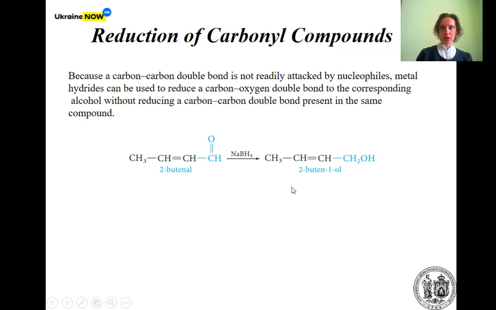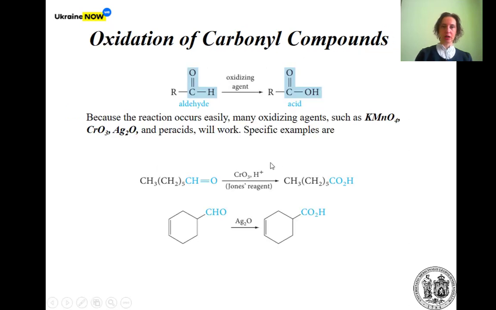Now about oxidation of carbonyl compounds. By oxidation of aldehydes, carboxylic acids are formed. As oxidators can be used potassium permanganate, chromium oxide, silver oxide, and many other oxidators. Here are shown some examples. For example, with chromium oxide, which has the name Jones reagent, oxidation of a long chain aldehyde leads to acid.